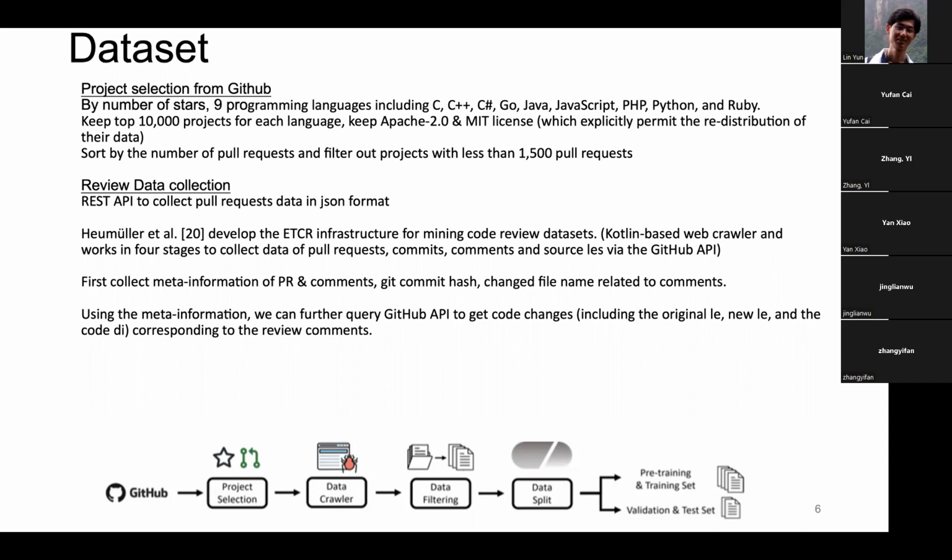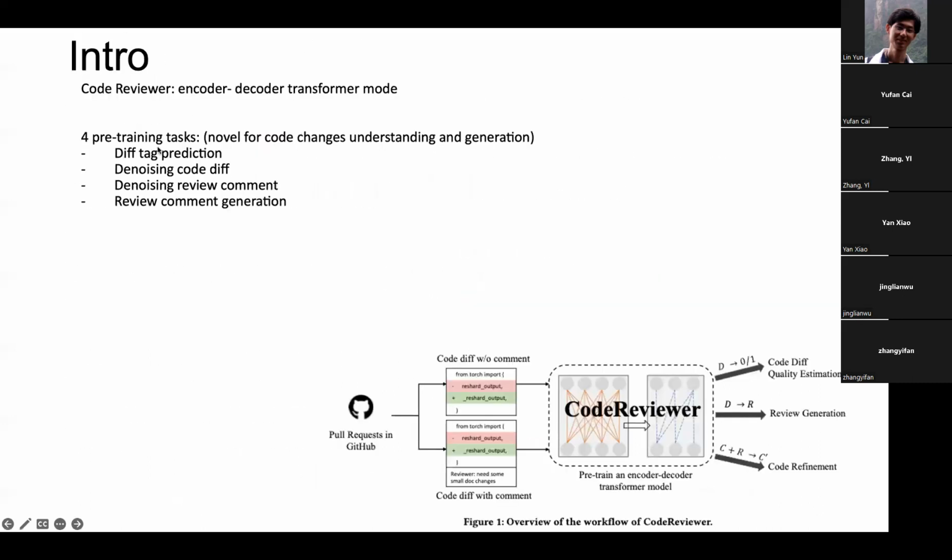I remember they also define 4 tasks for pre-training, right? I'm not sure. For what? For tasks. 4 tasks, 3 tasks, or? Jinglian, could you please go to that slide? I remember 4 tasks for pre-training. There are 4 tasks. Yeah. All right. Okay, got it.